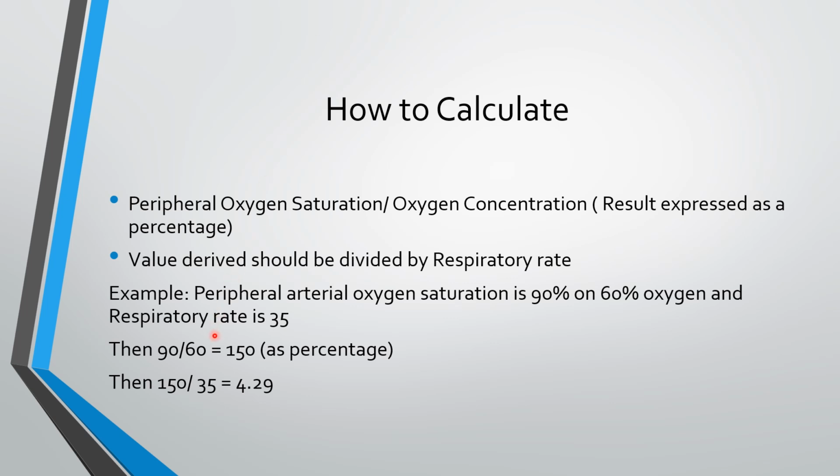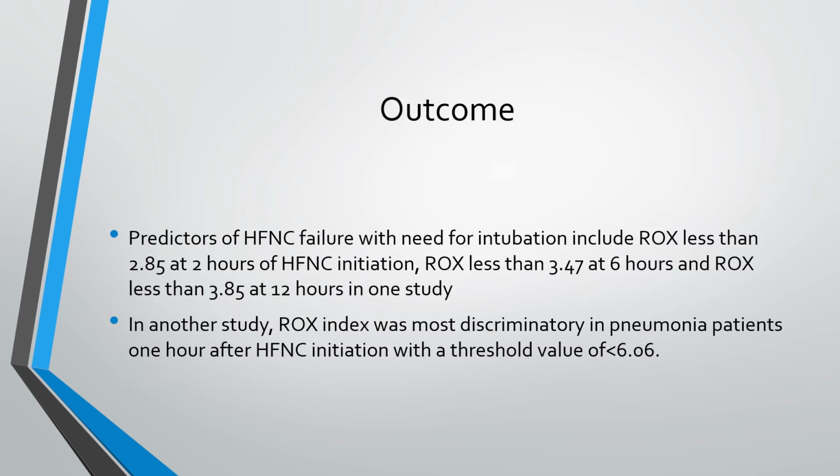Assume peripheral arterial oxygen saturation is 90%, the oxygen is 60% and the respiratory rate is 35. Then we divide 90 by 60 and the value comes as 1.5, which is 150%. Then this value of 150 is divided by the respiratory rate of 35 and the result is 4.29. In this example, the ROX index is 4.29.